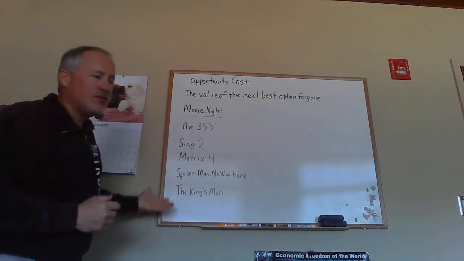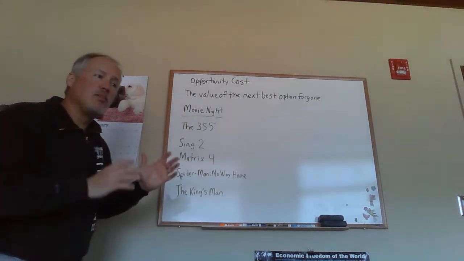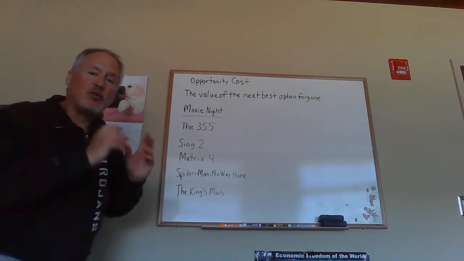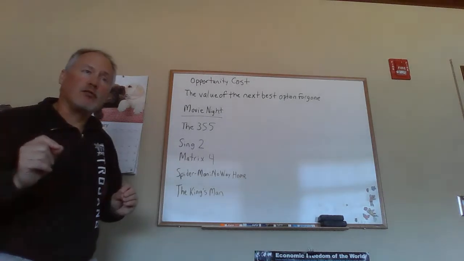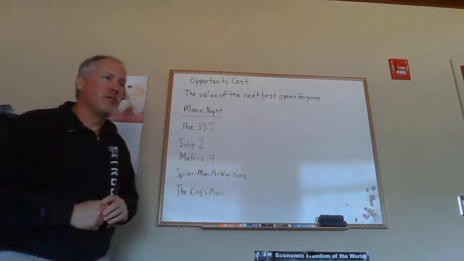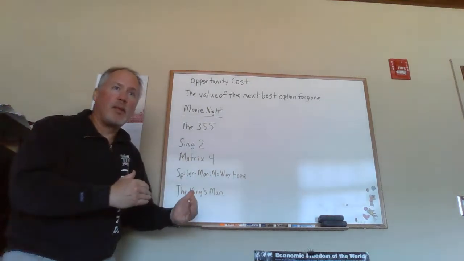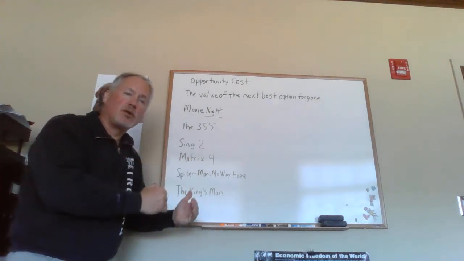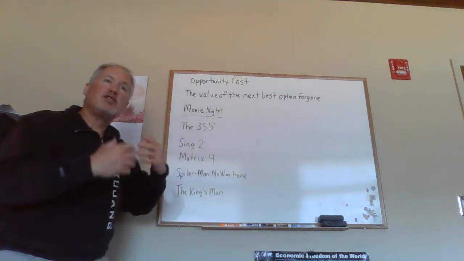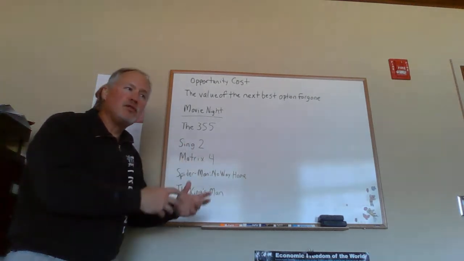Now we have 5 different movies listed here. It's important to say, in the definition, that it's the value of the next best alternative foregone, because you're going to go see one of them. That means you don't see 4 of them. But there's no way you could have seen all 4 other movies tonight.